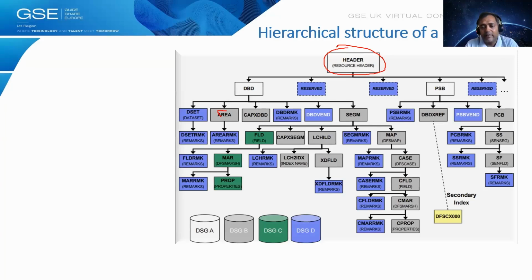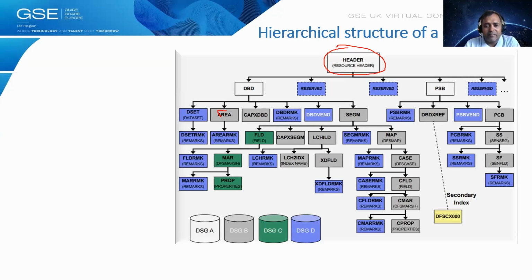And basically a database structure definition can have information like the access method or the randomizer name, right? All the lchild, xdfld, whatever things we code for a database definition. A PSB resource can have information like a PCB or a sensitive segment, sensitive field, and a DBD cross reference, which I'll quickly talk about in a few seconds.